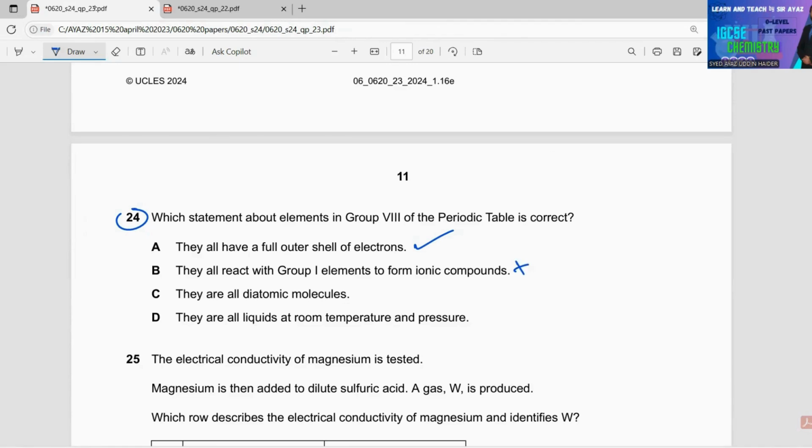They have a full shell of electrons, so they do not react. C, they are all diatomic molecules. This is incorrect. They exist as monoatomic gases. D, they are all liquids at room temperature and pressure. This is also incorrect. They are all gases. So A must be the right answer for number 24.